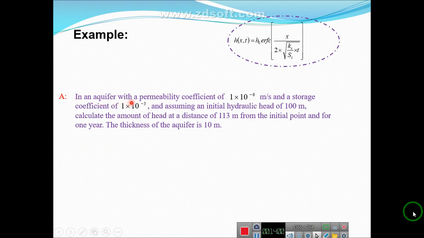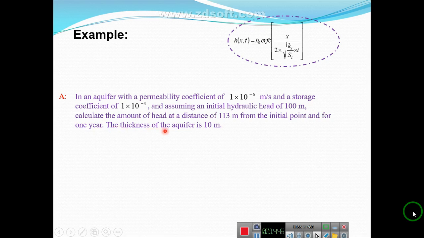In an aquifer with a permeability coefficient of 1 times 10 to the power of -6 meter per second, and a storage coefficient of 1 times 10 to the power of -3, and assuming an initial hydraulic head of 100 meters, calculate the amount of head at a distance of 113 meters from the initial point, and for 1 year.